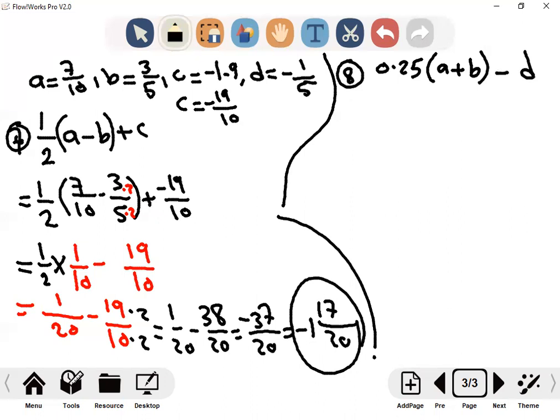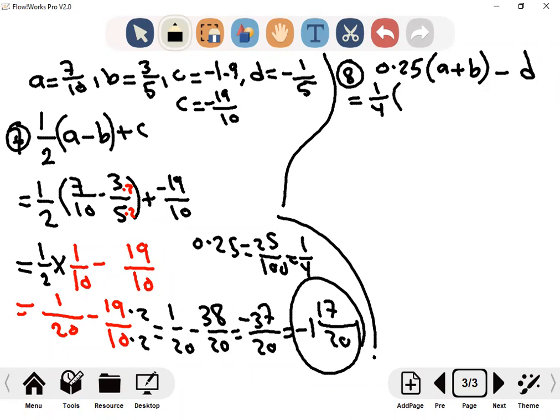Right? 0.25 is 25 over 100. Let's do it this way: 0.25 is 25 over 100, which is 1 over 4, dividing 25 up and down. So we finished with it: 0.25 becomes 1 over 4.